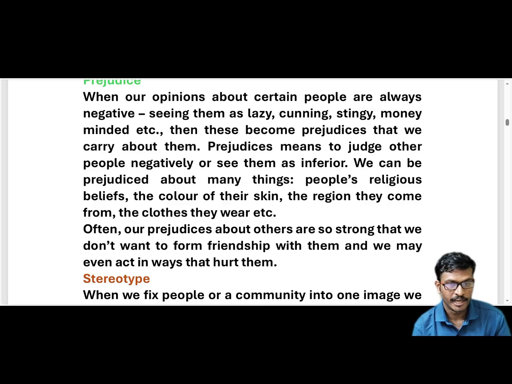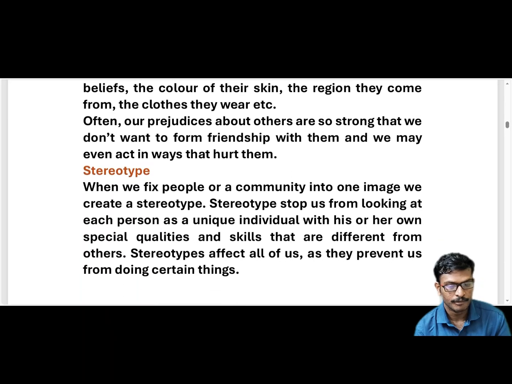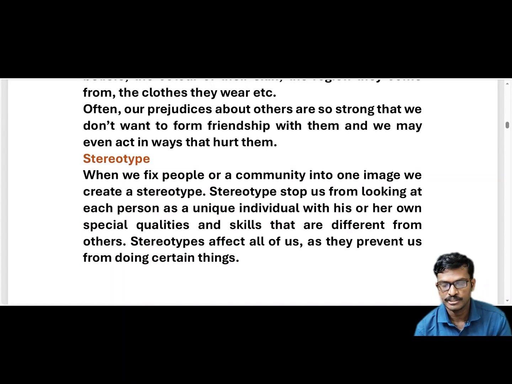If we are stereotype-minded, we stop ourselves from thinking about their abilities. We avoid recognizing that he has some skill. This type of thinking prevents us from doing certain things. This is all about stereotype.